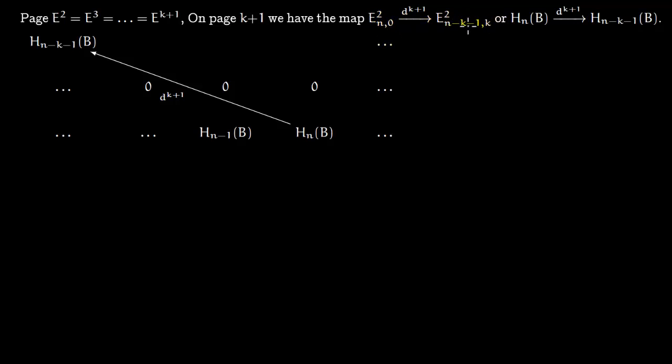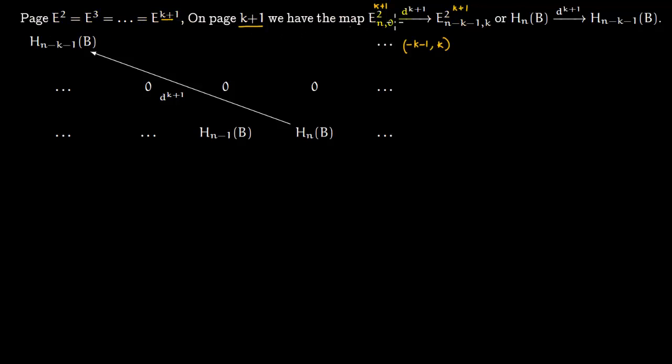So obviously you're going minus k minus 1, that is k plus 1 left and k up. So this is the bi-degree which you add here and here. So again notice that I'm talking about page k plus 1, but we are writing E_2 here. Instead of 2 you can again write k plus 1. It doesn't really matter, because the entries are the same till k plus 1.